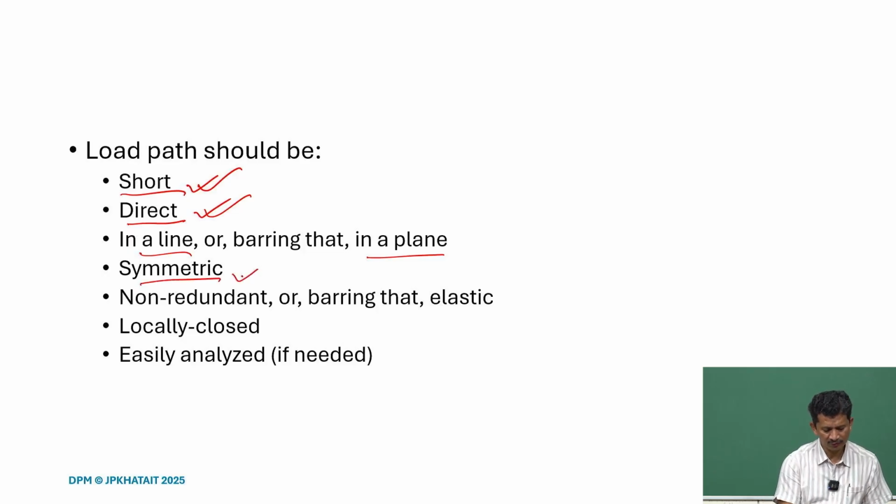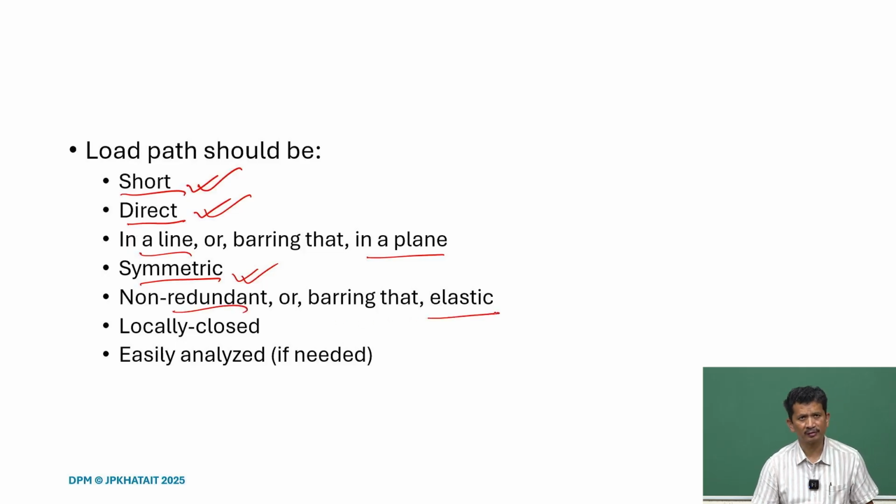Symmetric, yes, you distribute. Like carrying a load, if it's symmetric, then it's very good. If it's an asymmetric load, then we have to make a lot of arrangements to mitigate that problem. Non-redundant or elastic. If it can be locally closed, that's even better. It may not transfer to the other components.